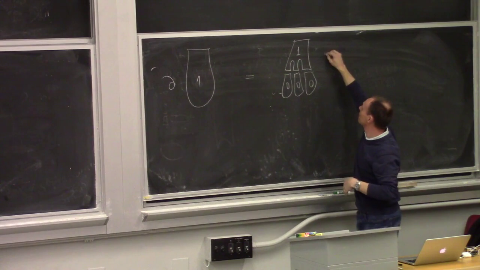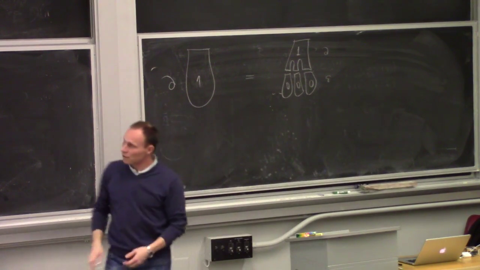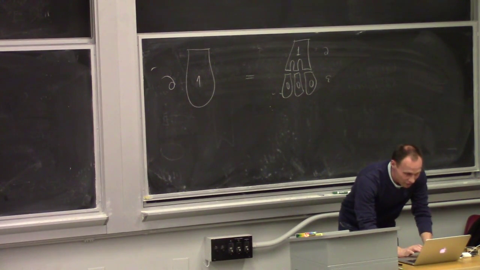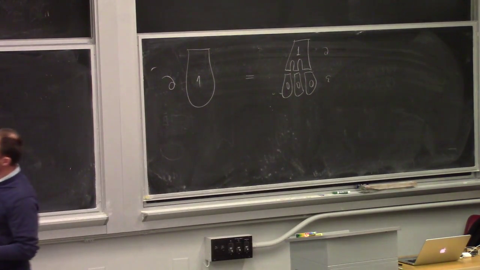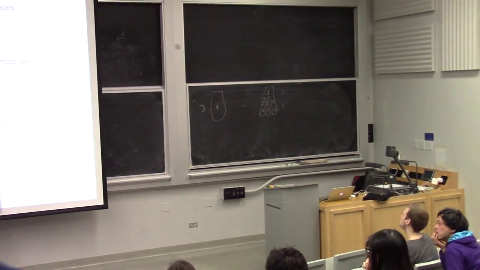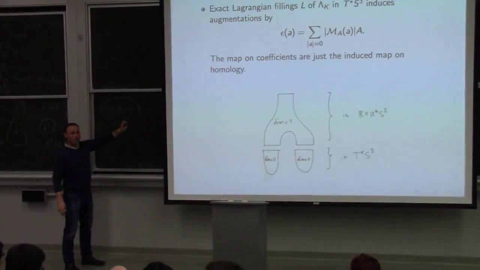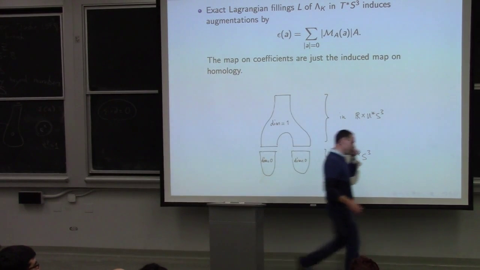So this is exactly d and this is epsilon. The contributions to epsilon of the boundary followed by epsilon is actually in one-to-one correspondence with this boundary of a one-dimensional moduli space, and therefore it is 0.